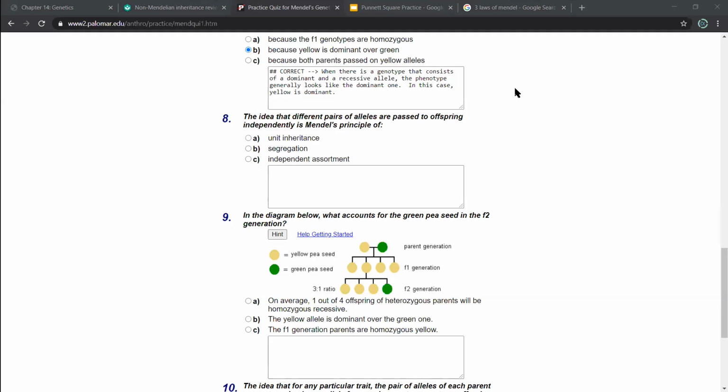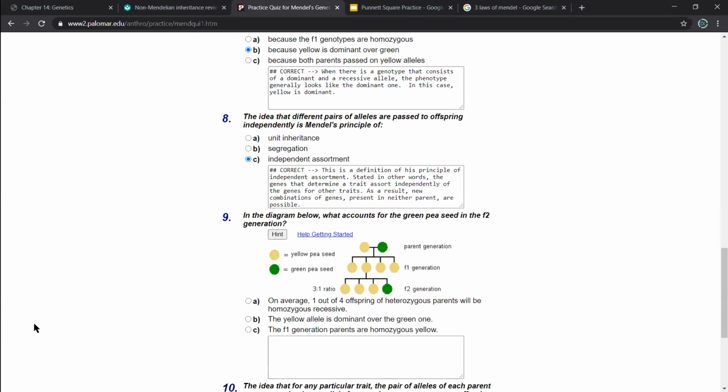All right, so the answer here was C, independent assortment. And this is because if you remember back to Mendel's laws, independent assortment means that there's no linkage between the genes, so the alleles are passed on independently.